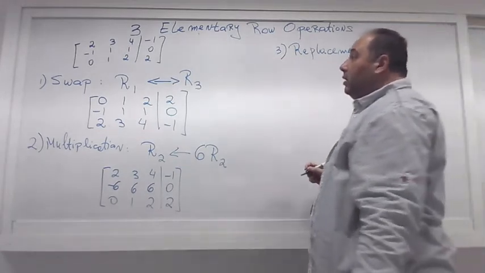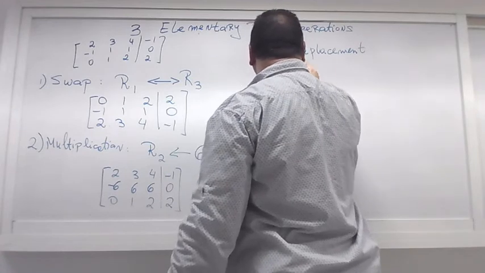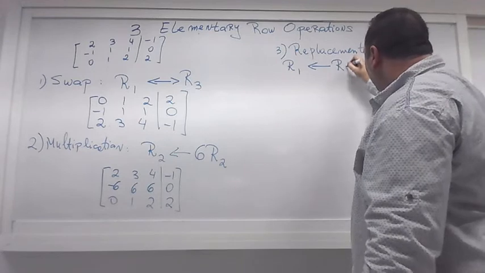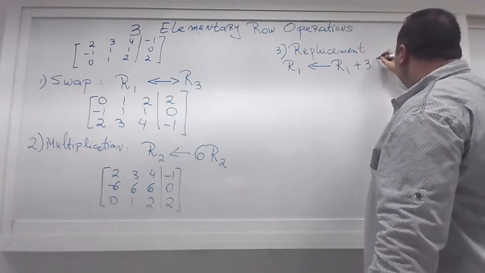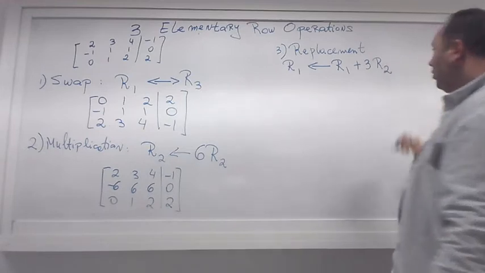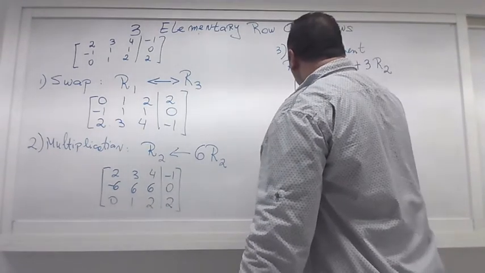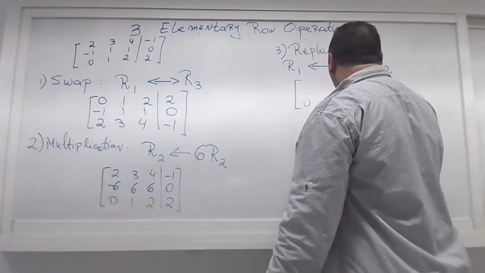Let's say I replace row 1 by row 1 plus 3 times row 2 for fun, just like that. So row 2 and row 3 don't change, so I'll copy them.